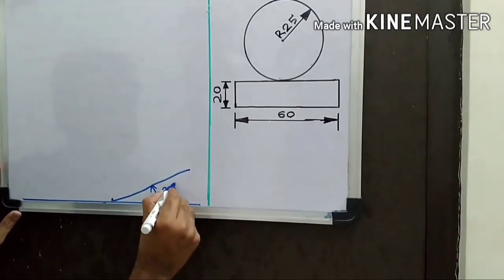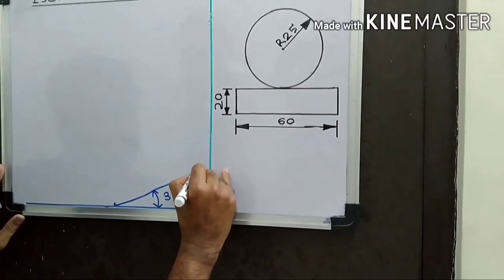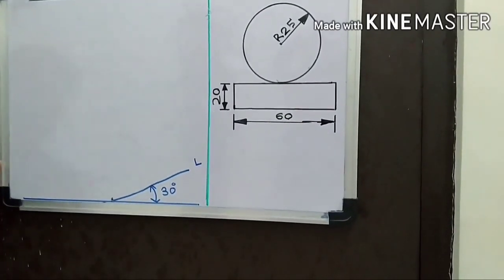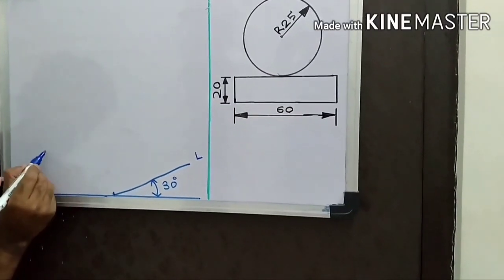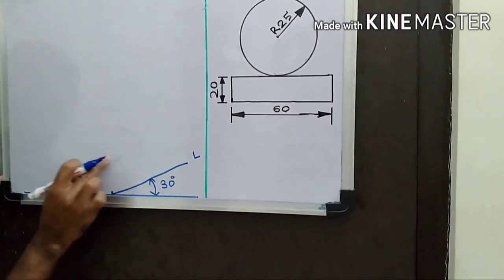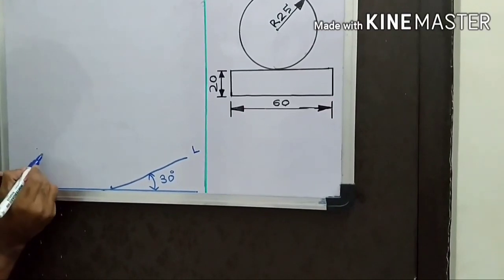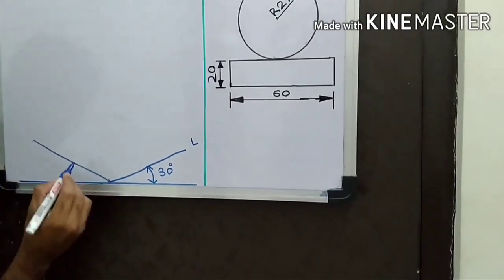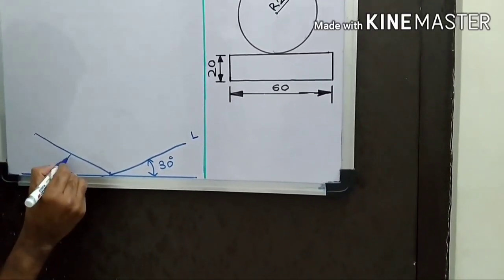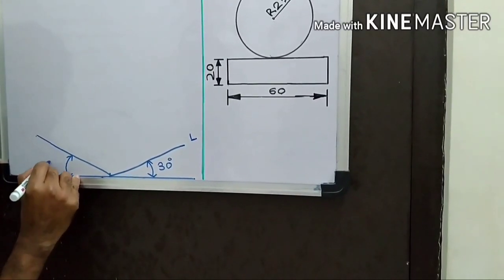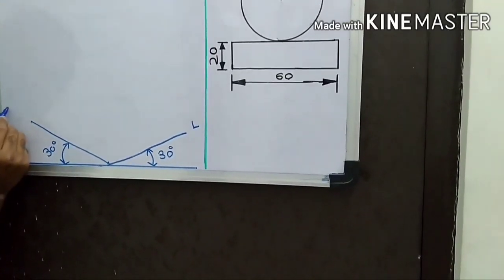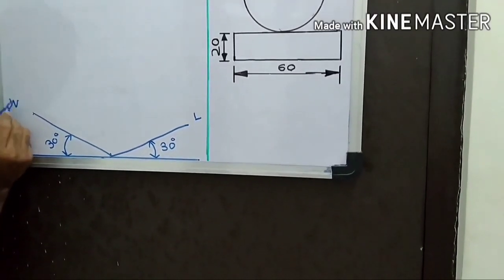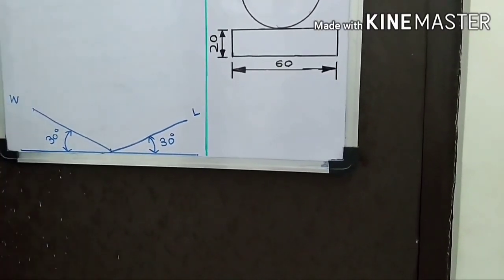It represents the axis of length. From this point, on the left side, draw a 30 degrees inclined line. It represents the width, breadth or depth axis.